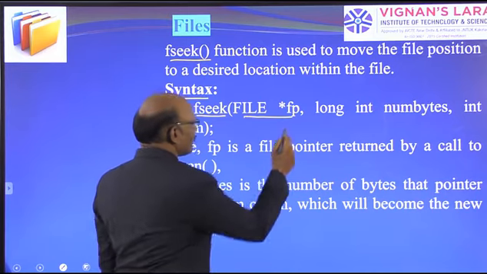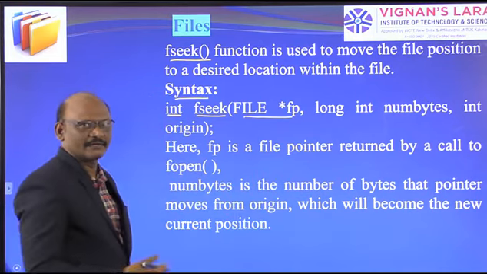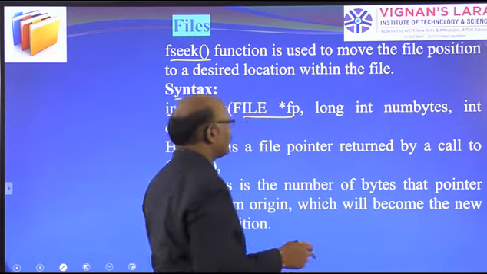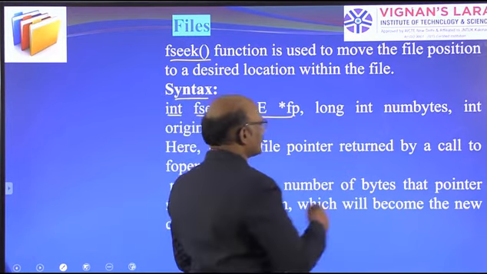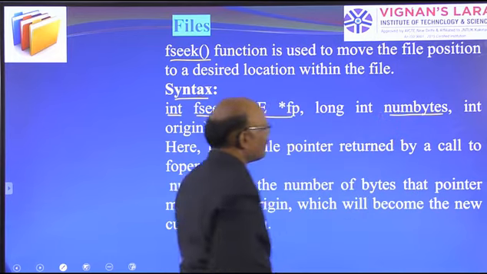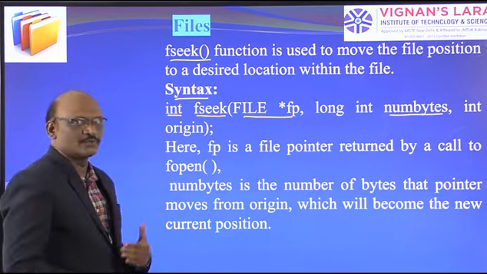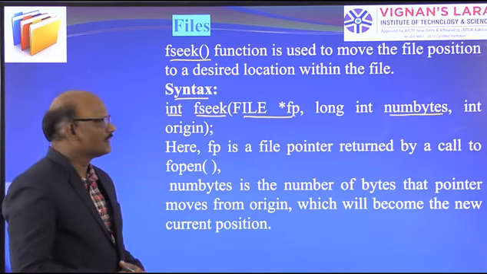The first argument is the file pointer, since every file is associated with a file pointer. The second argument is the number of bytes, of type long integer, the number of bytes to be moved.